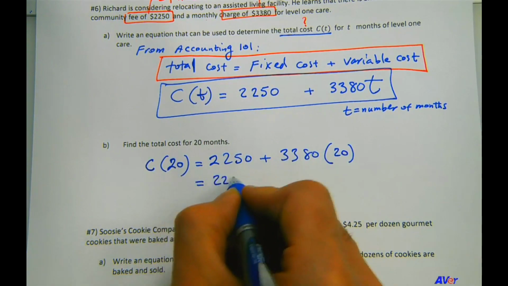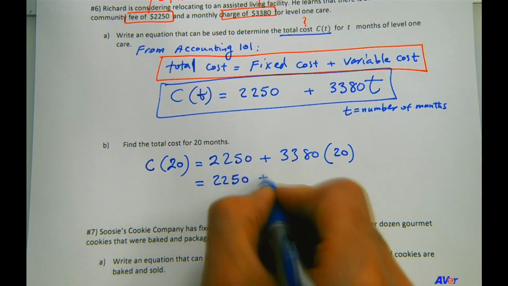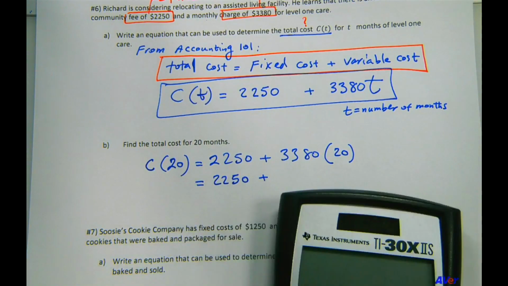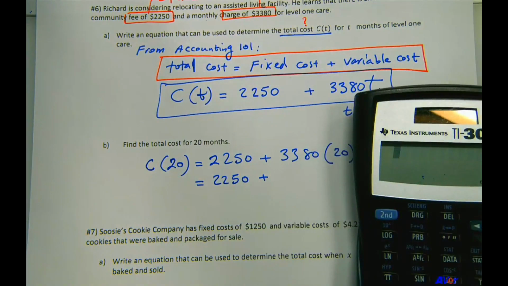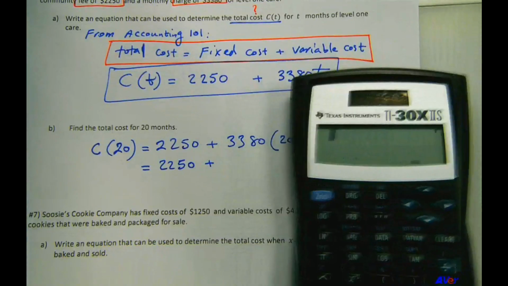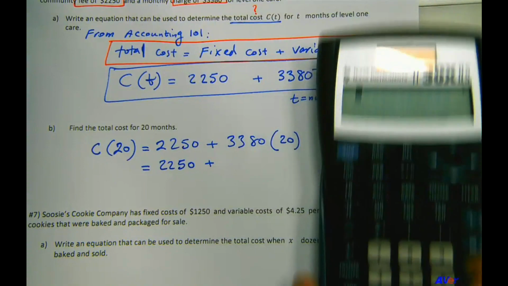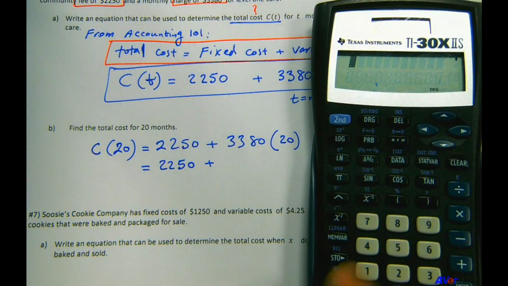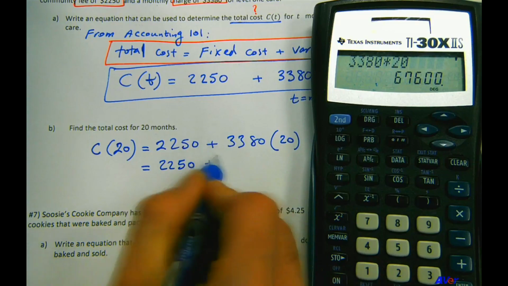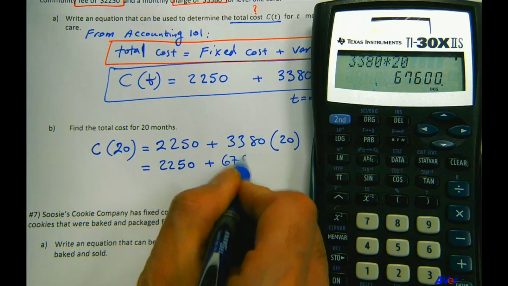Let me make use of my calculator here. 3,380 times 20 is 67,600.